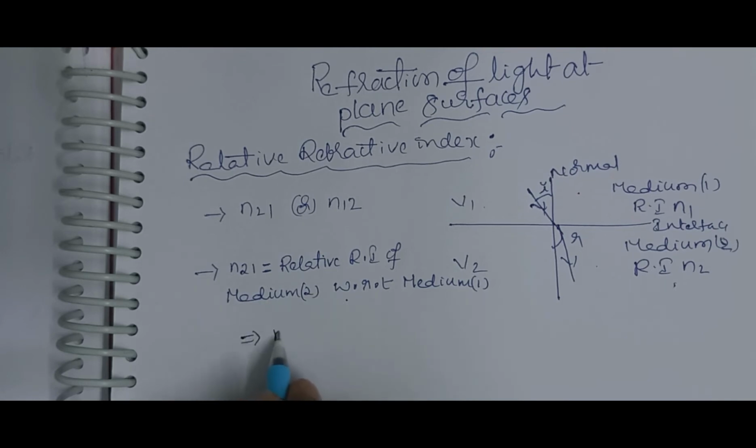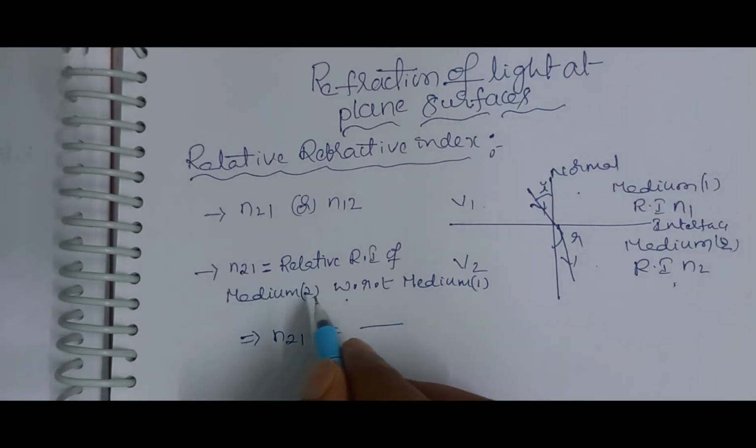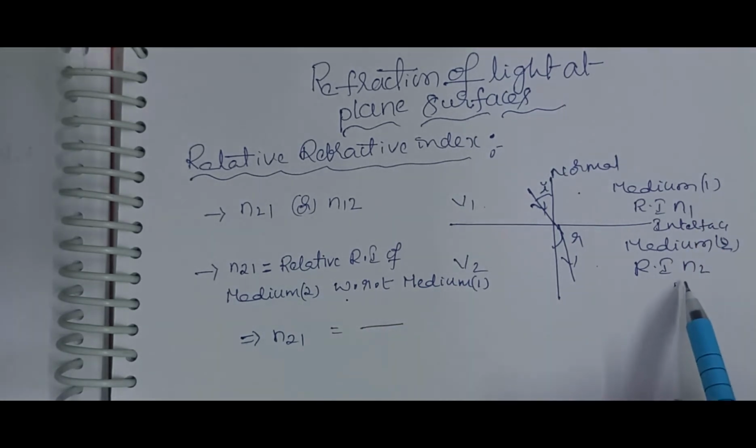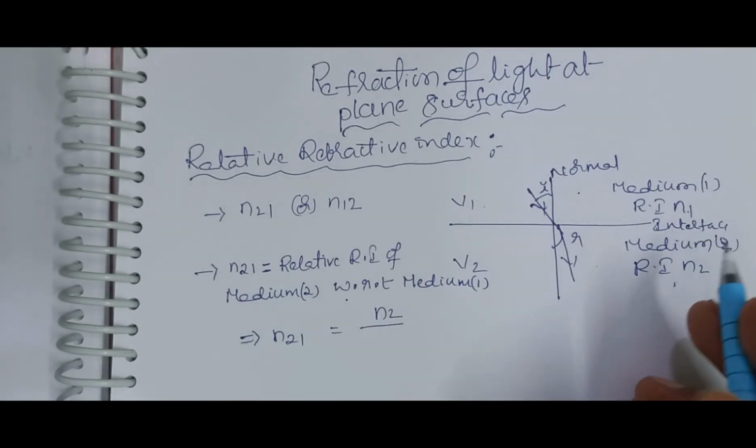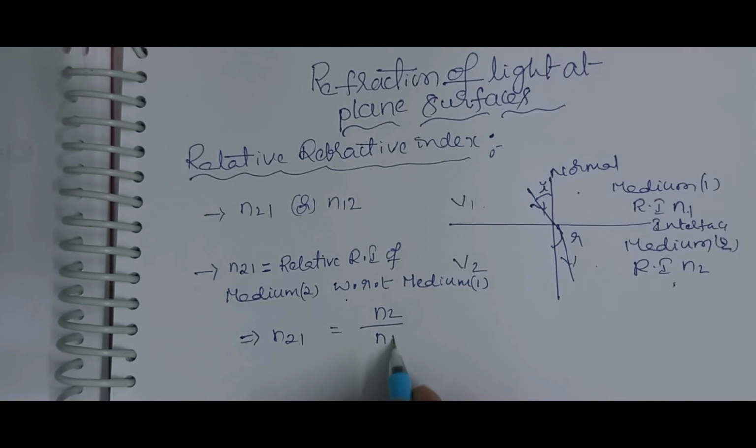So n21 is nothing but the ratio between the refractive index of medium 2 and the refractive index of medium 1, n2 by n1.